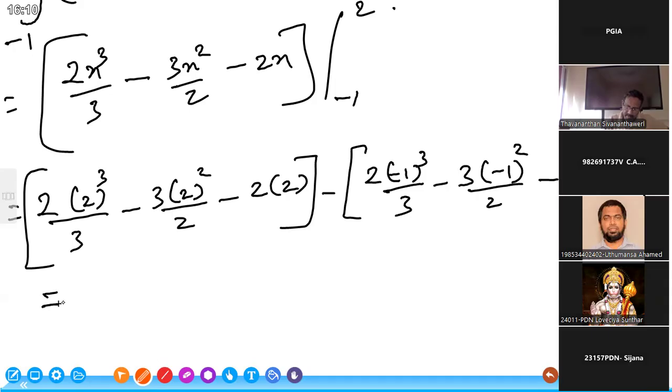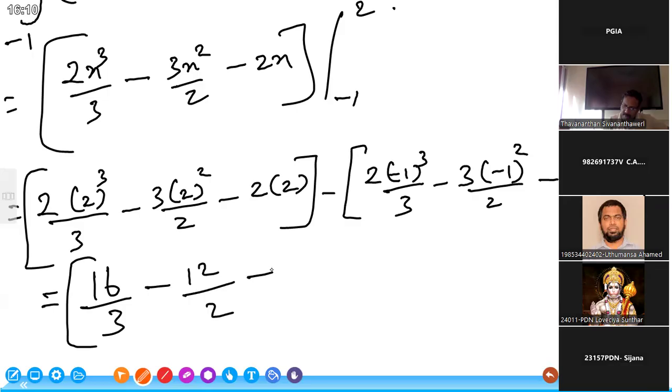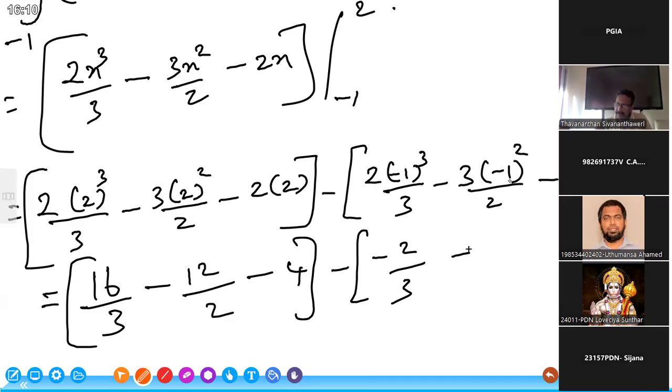That is equal to 2 into 8, that is 16 by 3, minus 12 by 2, minus 4, minus minus 2 by 3, minus 3 by 2, plus 2.